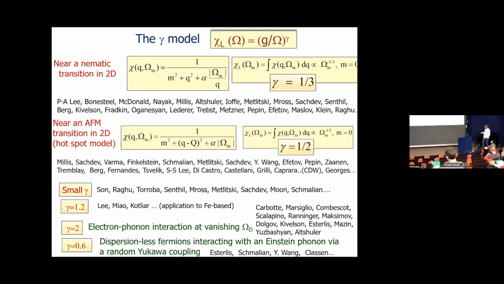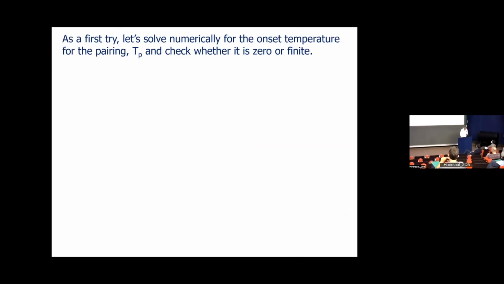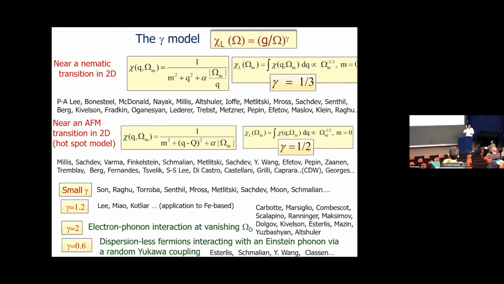And then there is a bunch of different gammas, including the ones that Jörg will be talking about in the SYK model of dispersionless fermions coupled to Einstein phonons. So what I will do, let me go back for a second. I will just take gamma as a parameter. Of course, we don't have gamma as a free parameter that we can vary.